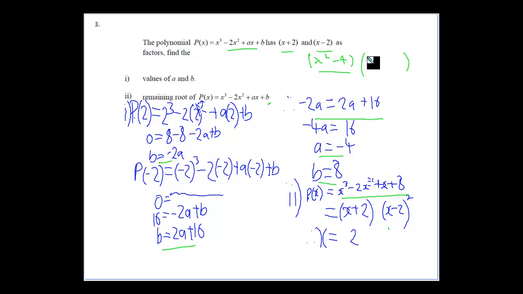Well, it's monic, so it must be x. And what multiplies by minus 4 to give us positive 8? Well, that would be a minus 2. So that's where x minus 2 multiplies to give you x minus 2 all squared, and it's x squared minus 4, which is made out of the plus 2. So we had an x minus 2 and a 2 there. The third root is a 2, which we already had as well.